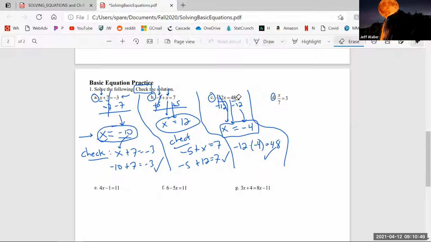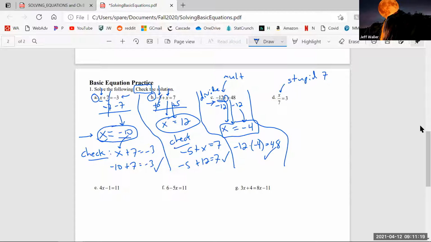Let me kind of undo this one a little bit. On this last one, why was x not by itself? Because of the stupid negative 12. What was the operation? Multiplication. So how did we undo it? We divided. So here, the operation is division. Why is the x not by itself? Stupid 7.